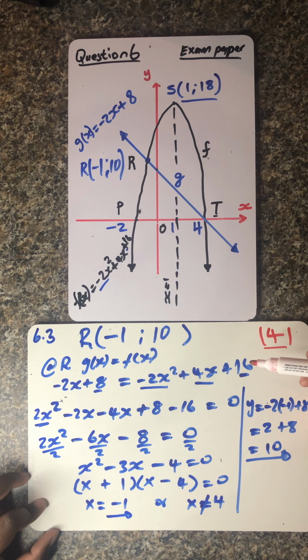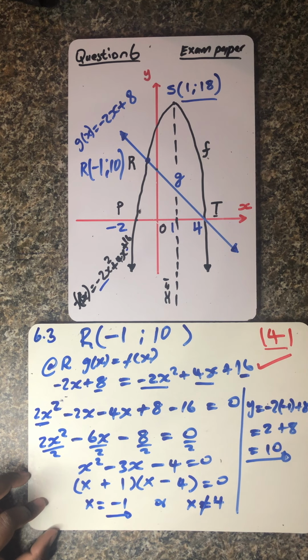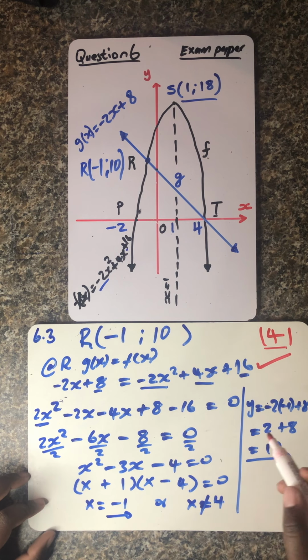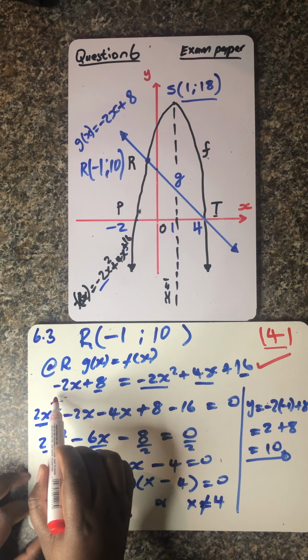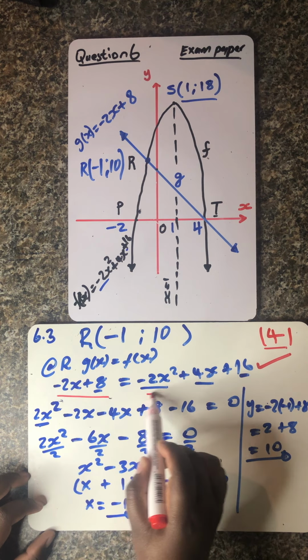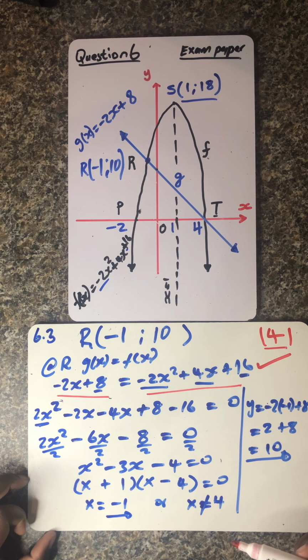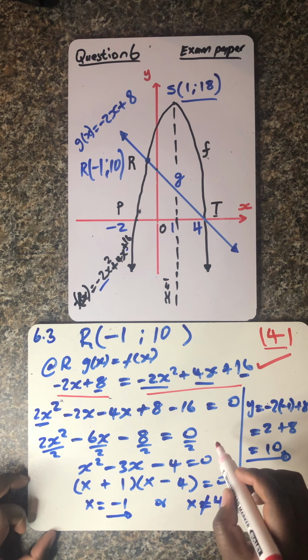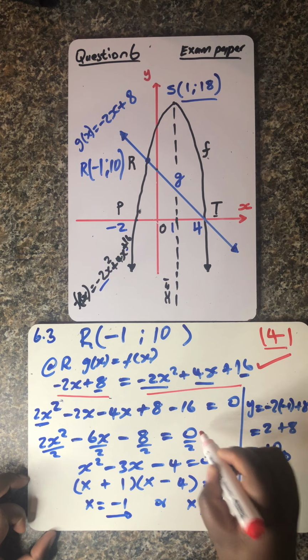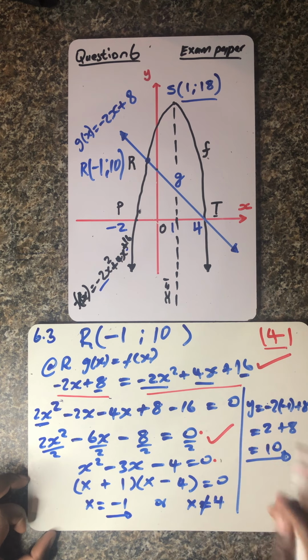Okay, ladies and gentlemen, let's have a look. Obviously, I think you deserve a mark over there. Why? Because you knew that at that point R, all of these are the same. So we give you a mark for that part, right? And then, ladies and gentlemen, for writing this equation in the standard form, either that form or this form, we will give you a mark.